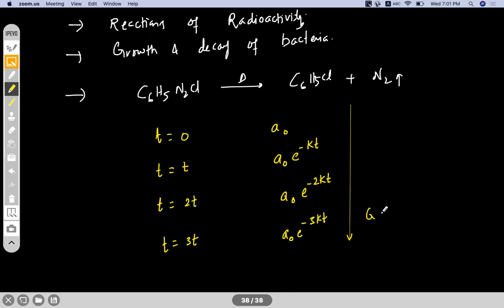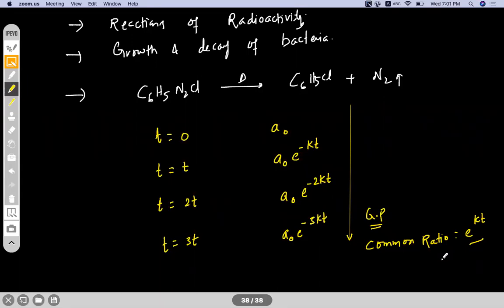This forms a geometric progression with the common ratio e to the power kt. Okay, A naught by A naught e to the power minus kt, common ratio is e to the power kt.